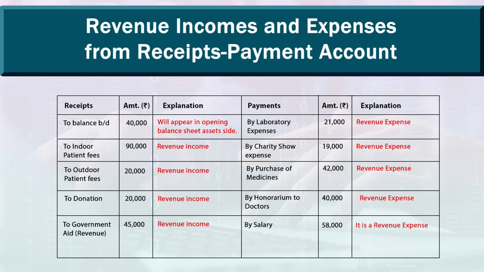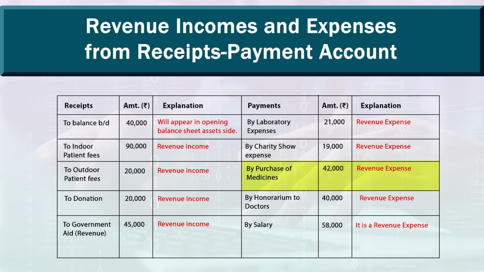Moving to the payment side, we have first the laboratory expenses of rupees 21,000. It is a revenue expense. The next entry is charity show expense of rupees 19,000. It is a revenue expense. The third entry is purchase of medicines of rupees 42,000.